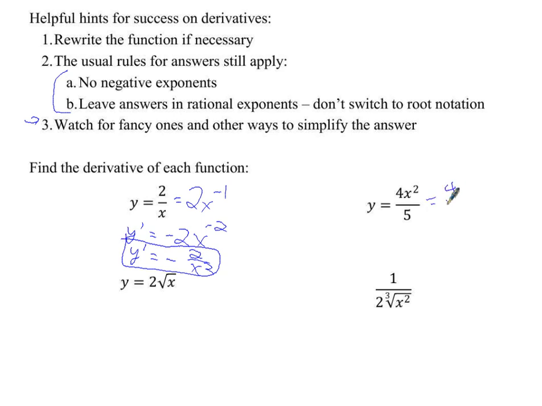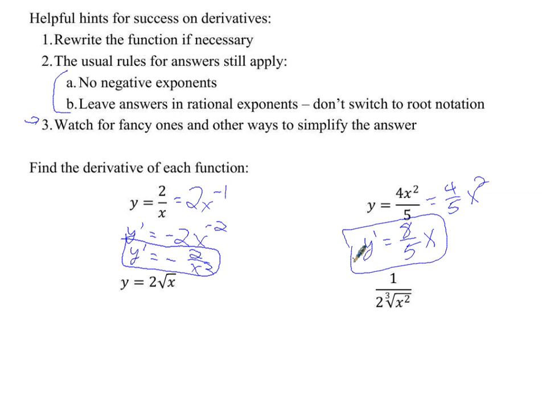This is actually just 4/5 times x squared, right? Okay, and now hopefully you can see that you can just use the power rule. We get y prime equals what? Yeah, 2 times 4/5 is 8/5. X to the first power, so that's it. That's the answer. It was actually kind of an easy problem.